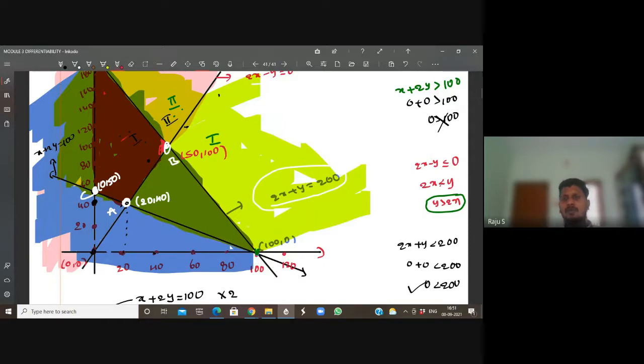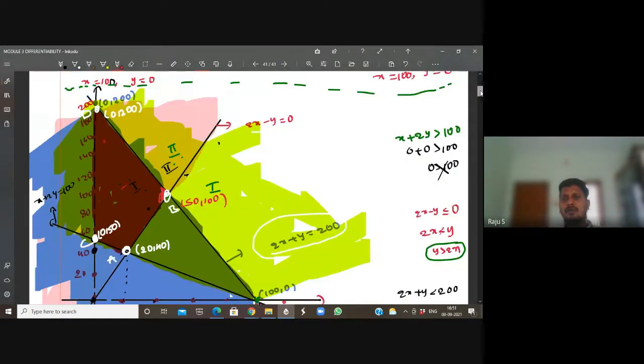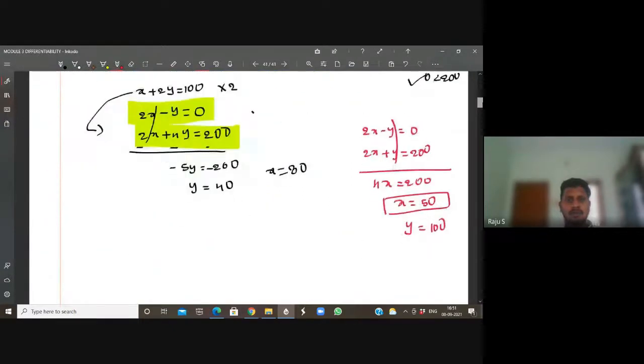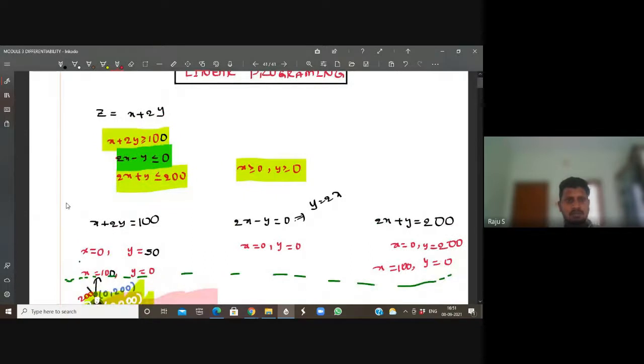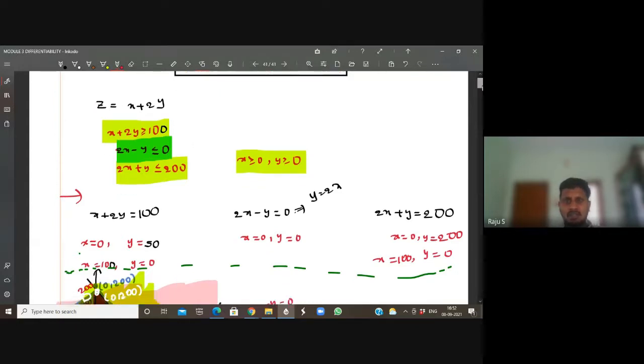So there are 4 corner points A, B, C, D. At those 4 corner points, we have to find the value. Now you have to write the steps, like the feasible region is determined by the inequalities. After that, you can draw the graph.